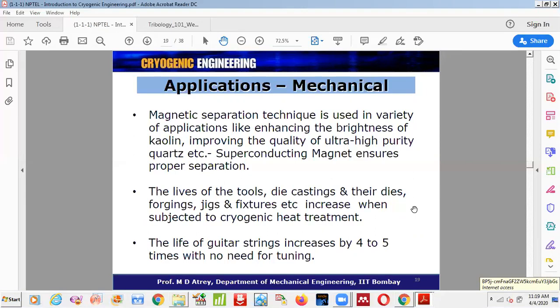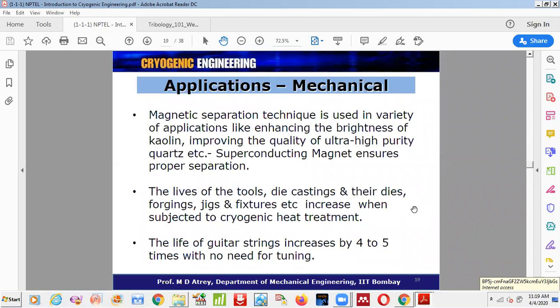The life of guitar strings increases by 4 to 5 times with no need for tuning. Basically, if you're a guitarist, you can experience that. What happens is the guitar strings are continuously subjected to compression and extension. That means they are subjected to stresses continuously.